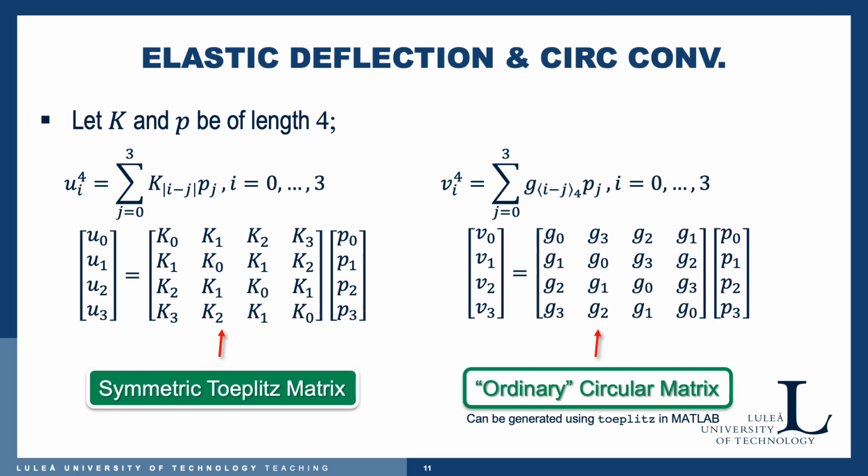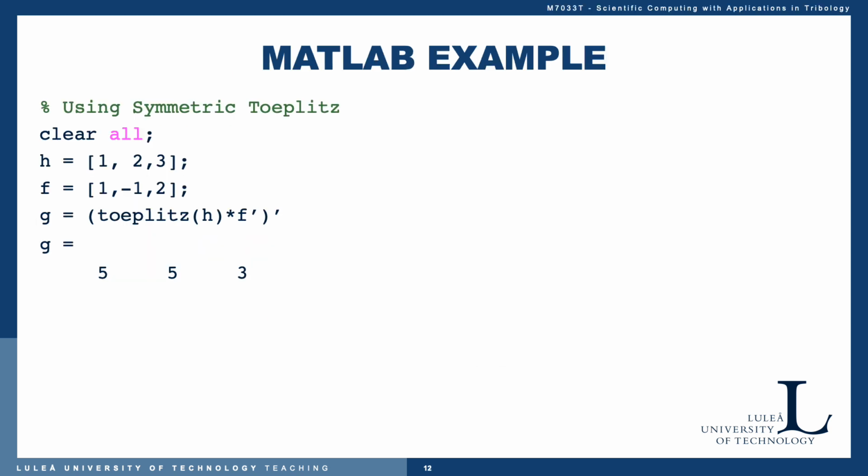What we can see if we look closely is that the lower triangular parts of these repeat the indices the same way. So if G and K would be the same vector, the lower triangular parts of these matrices would be identical.